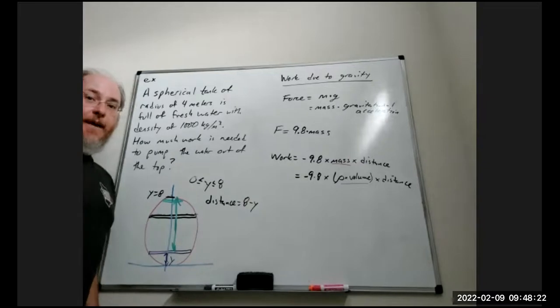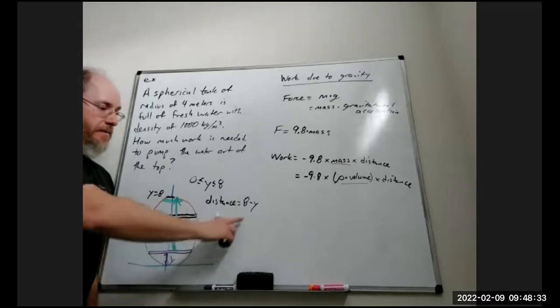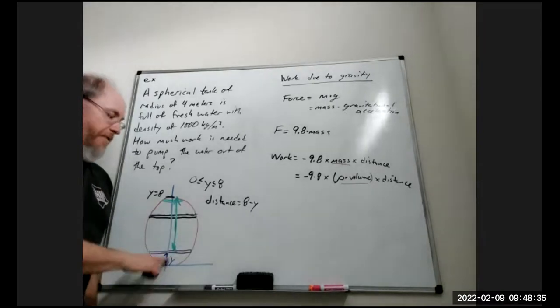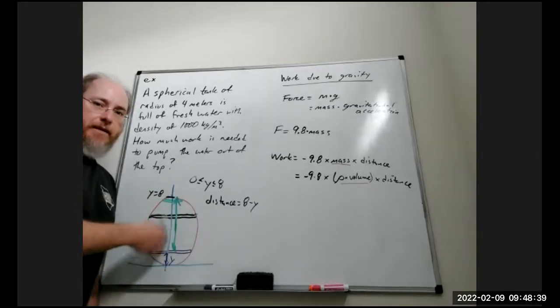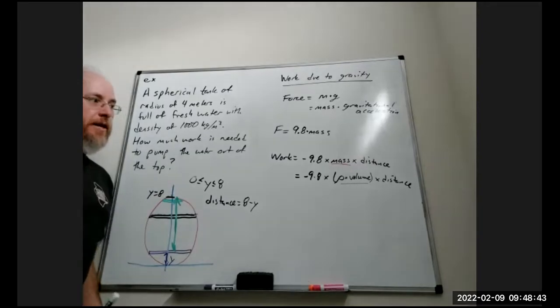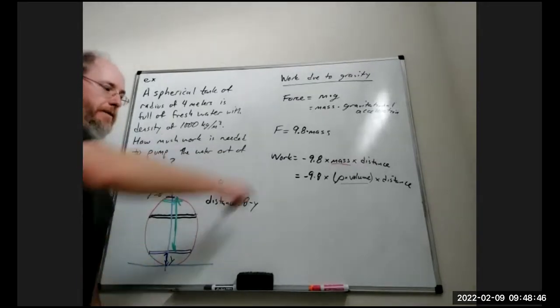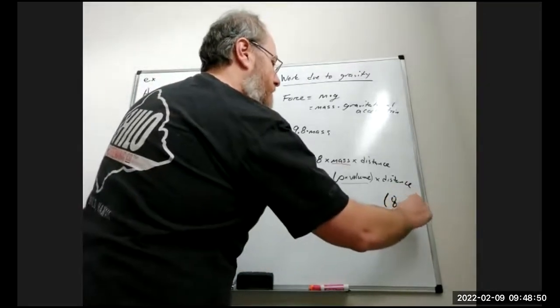If we're at the very top and we've got a y value of 8, 8 minus 8 is 0. It doesn't move. If we're at the bottom with a y value of 0, 8 minus 0 is 8, it has to move the full 8 meters. And anywhere in between, adjust accordingly. Okay, so there's our distance. Sweet. Let me go ahead and put that in. So this is 8 minus y.